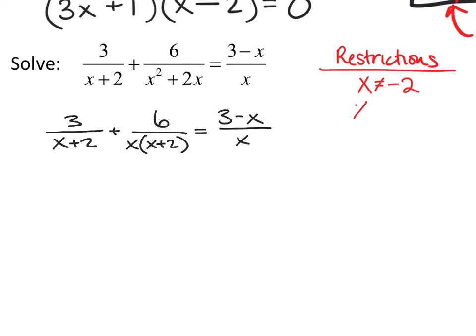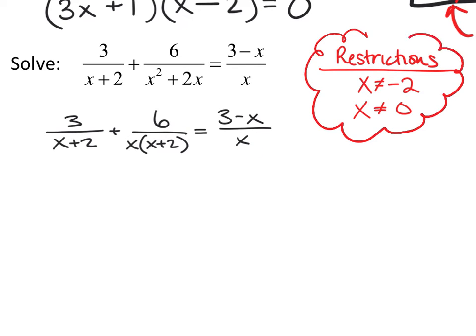So we know that x cannot be 0, otherwise that denominator would be 0, and again that x cannot be negative 2 for the second part. The third term here says that x cannot be equal to 0 either, which is already part of my restriction. So I only have 3 numbers that x cannot be, or that would be an extraneous solution if I got it as one of my solutions to the equation.